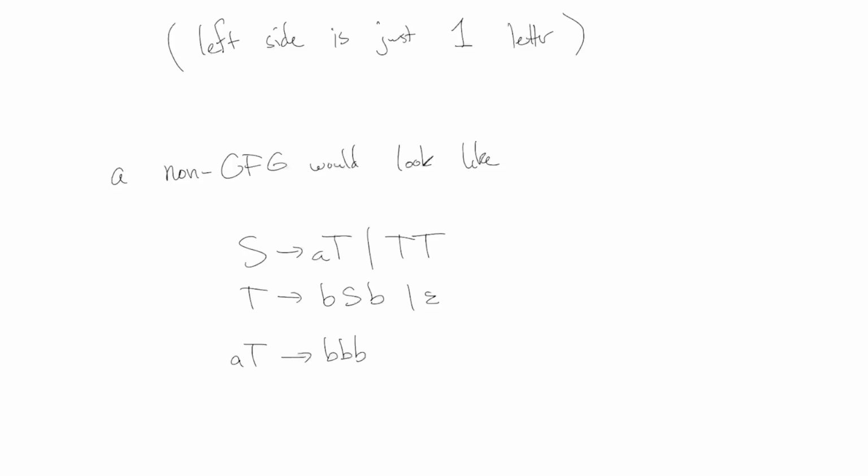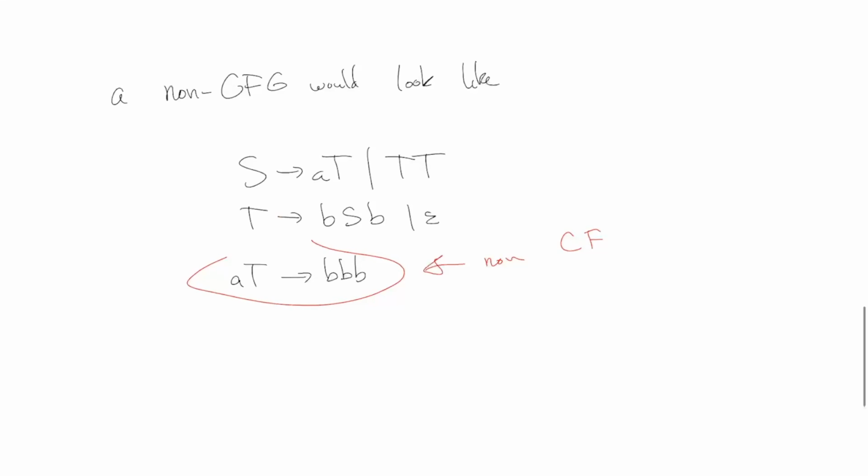That last one is what makes it not context-free. Now, this is allowed in a grammar. This is still a legal grammar, but it's just not a context-free grammar. So this one right here is what makes it non-context-free.